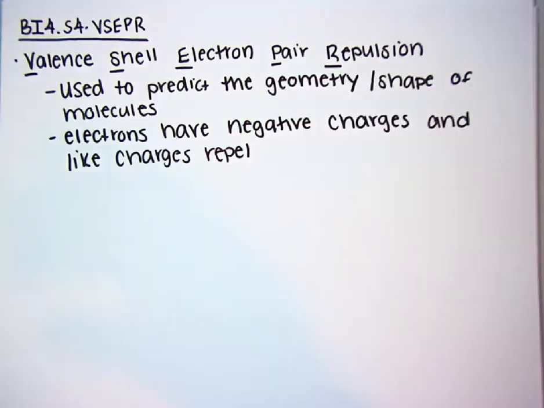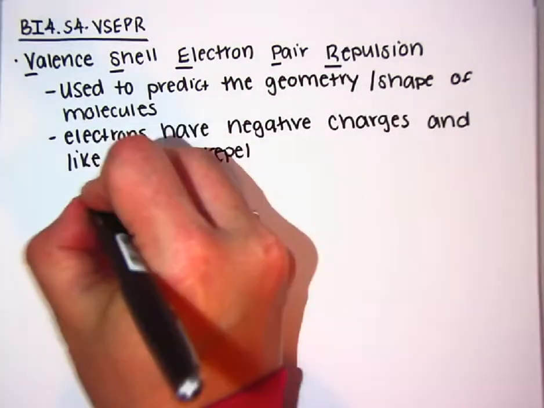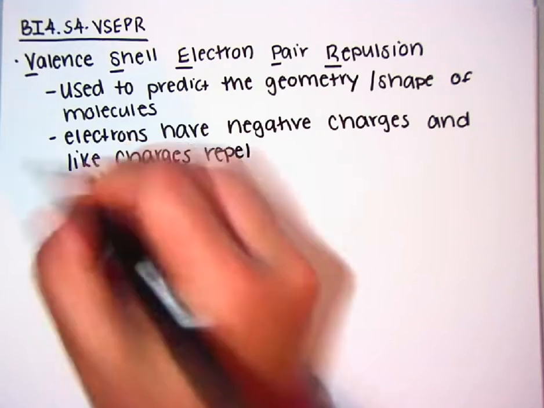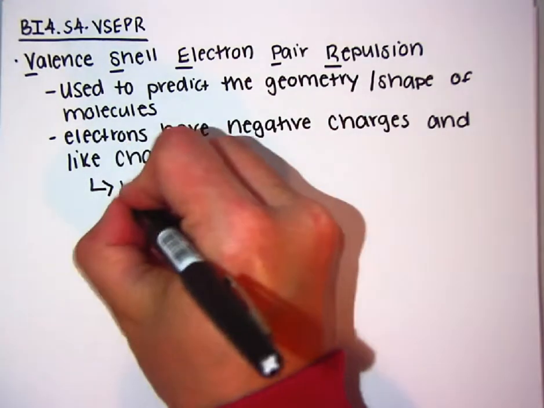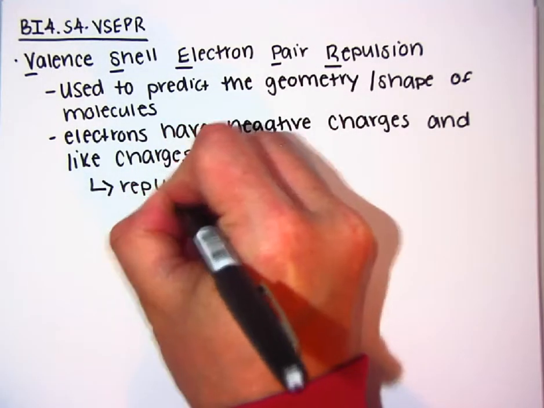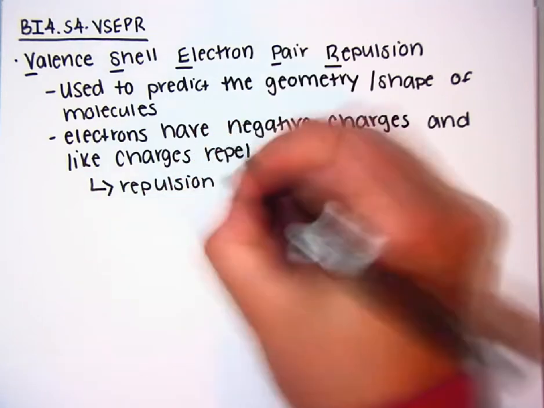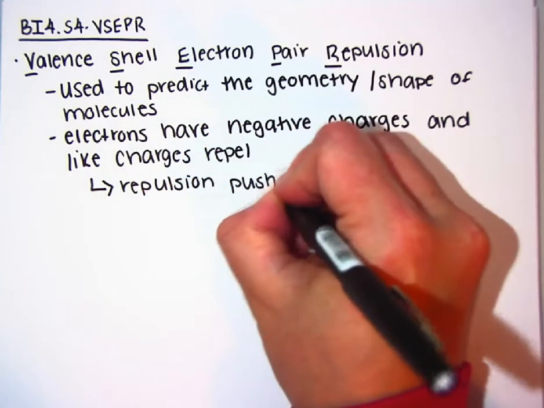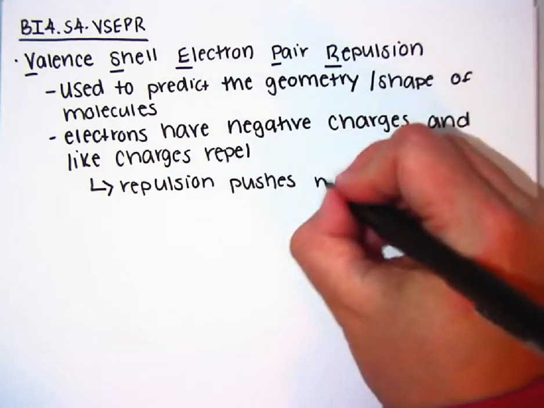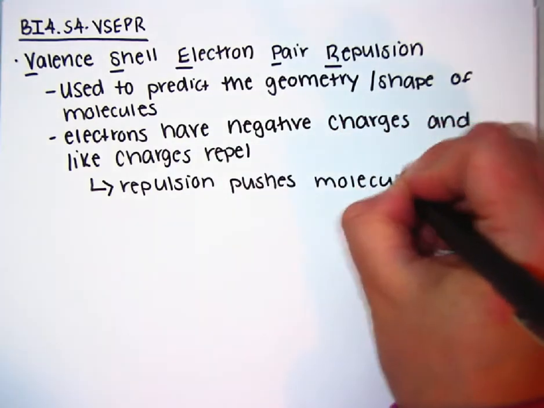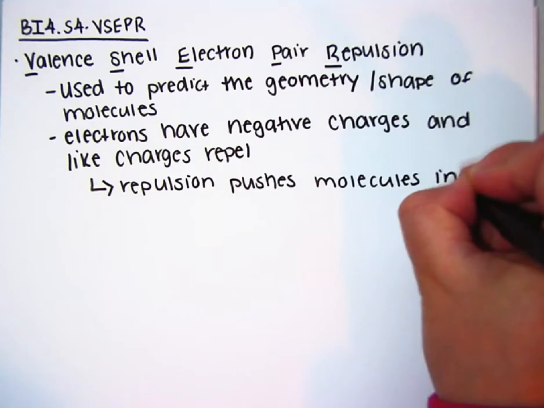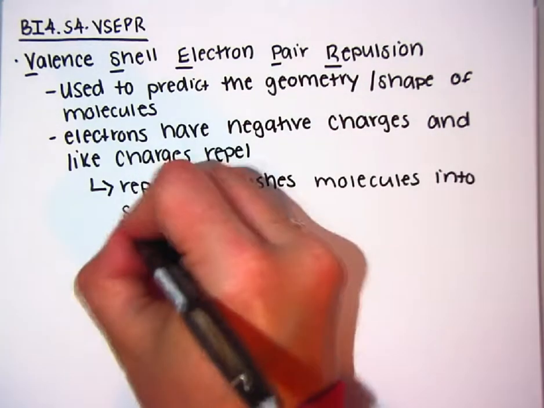So what happens is when these electrons repel, it is going to push our molecule into different shapes. That repulsion pushes molecules into specific shapes.